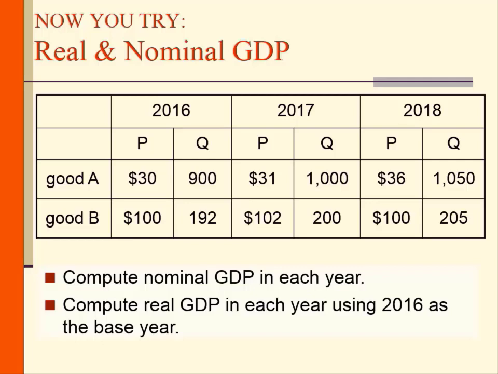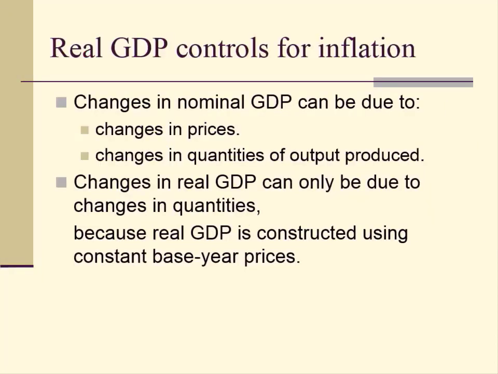$52,000 as real GDP. So from this exercise we just went over, we could tell that changes in nominal GDP can be due to both changes in prices and changes in quantities produced. However, the changes in real GDP can only be due to changes in quantities because real GDP is constructed using constant base year prices.